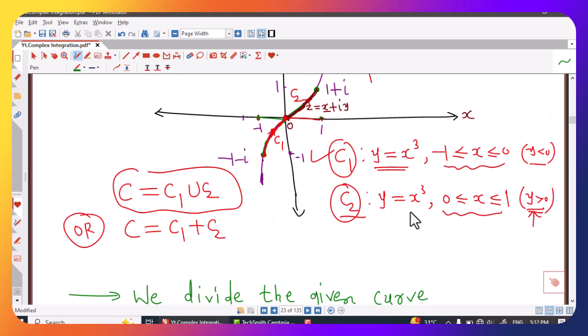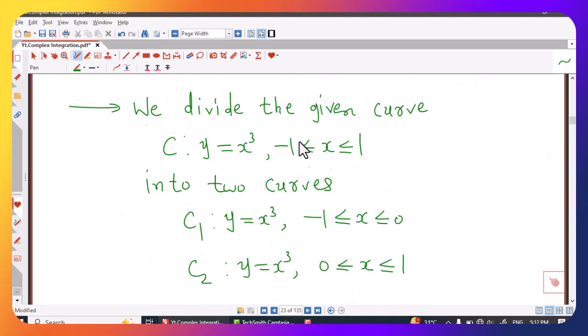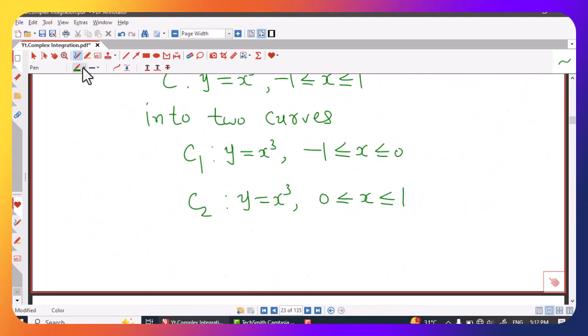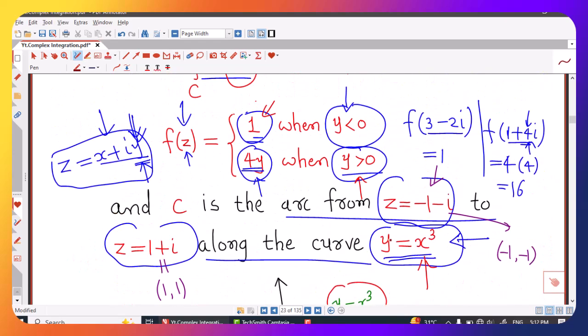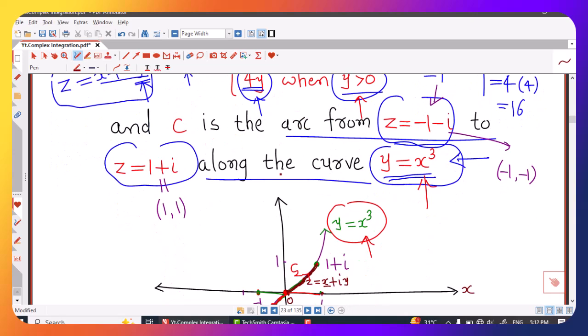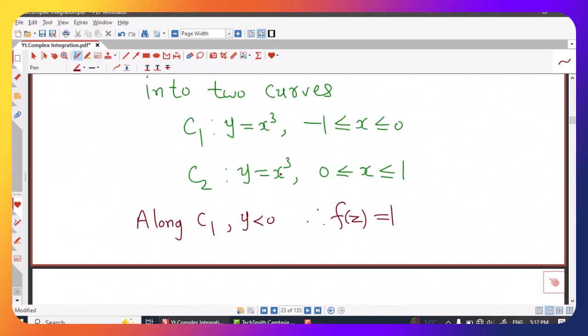Along C1 y is negative, so here we can mention that along C1 y is less than 0, therefore f of z is 1. We are given that when y is negative, f of z is 1, and when y is positive, f of z is 4y.